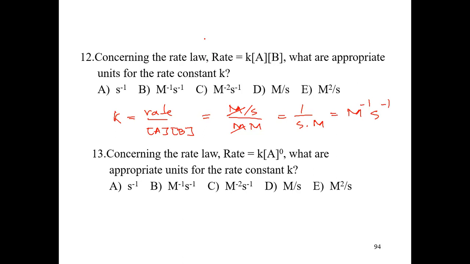Yep, very good, Jamila. This is quite easy. Kung ano yung unit ng rate pag zero order, yun din yung unit ng K. Dapat memorize nyo ng unit ng rate palaging molarity per second.